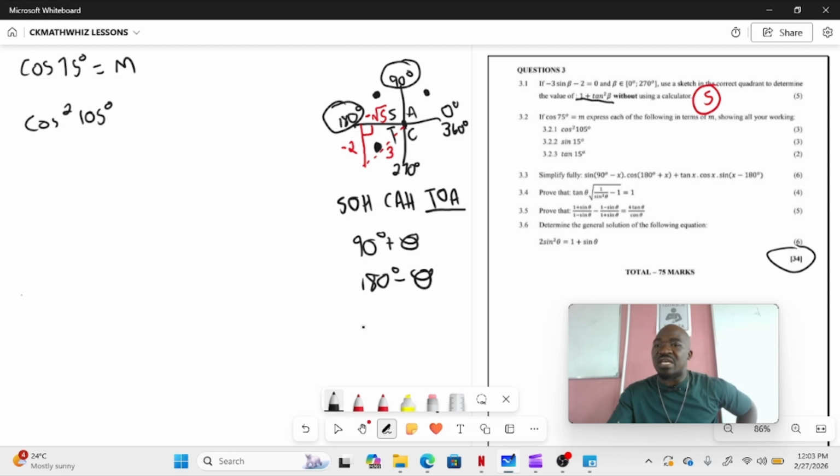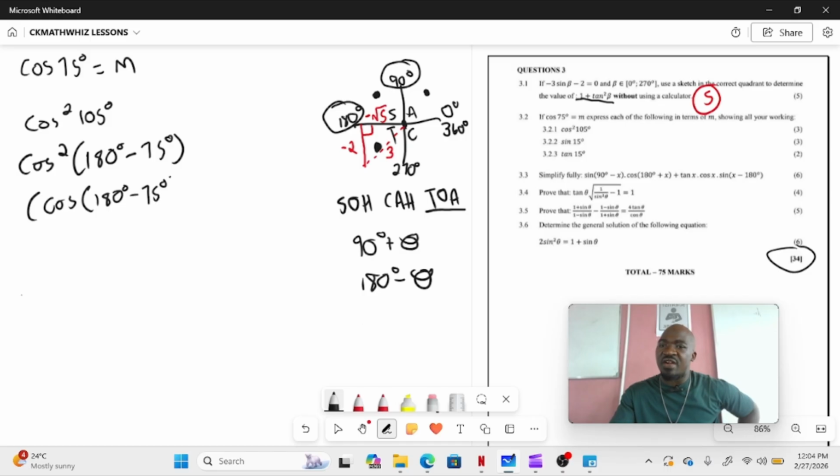And if that's the case, then it should be 180 degrees minus 75 degrees in order for us to find 105. So you can simply write this as cos of 180 degrees minus 75 degrees, all squared.